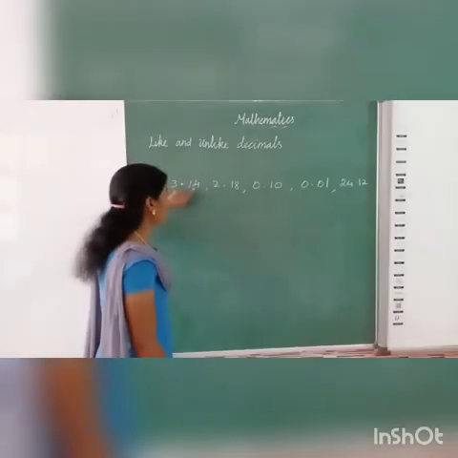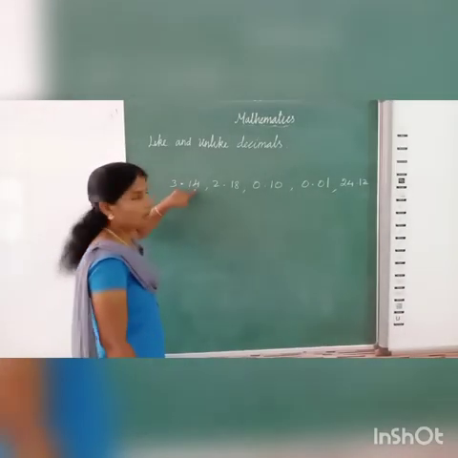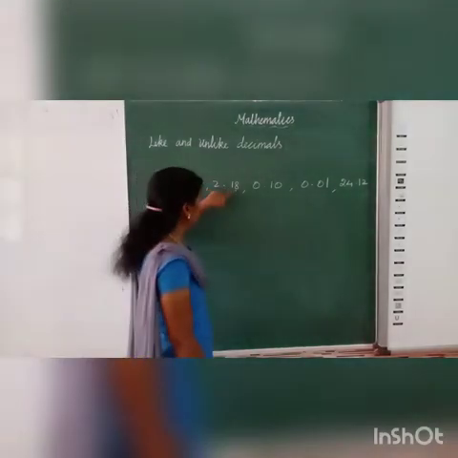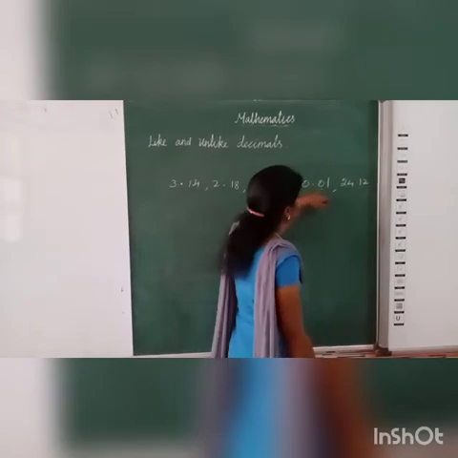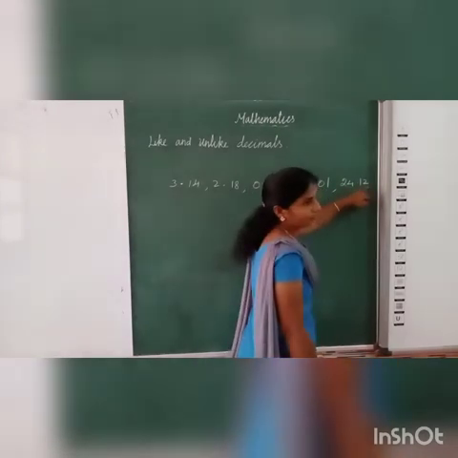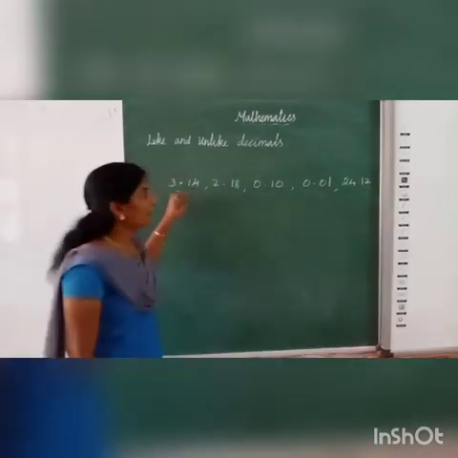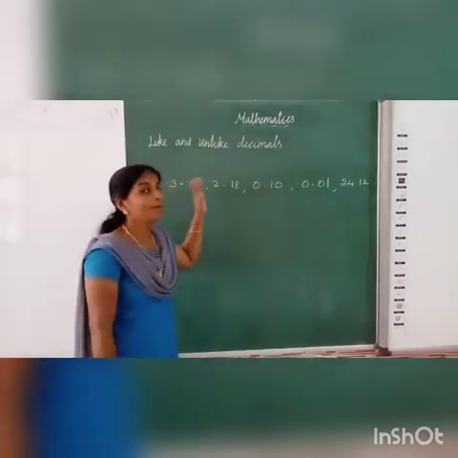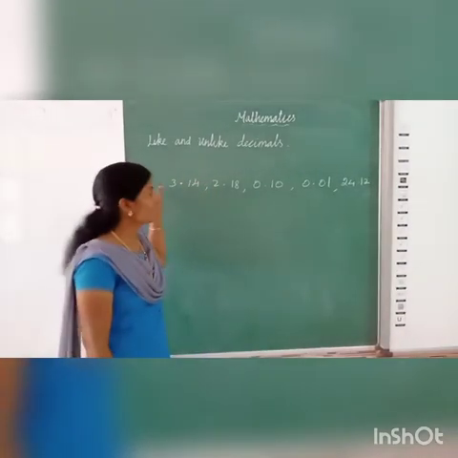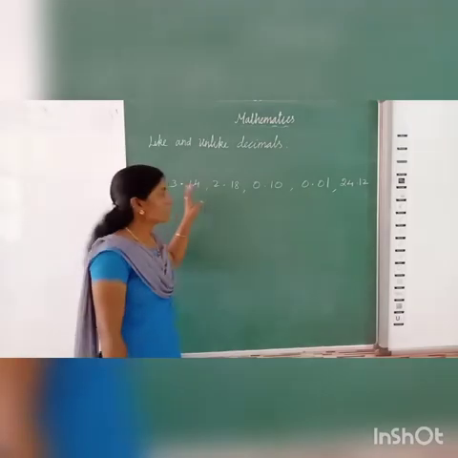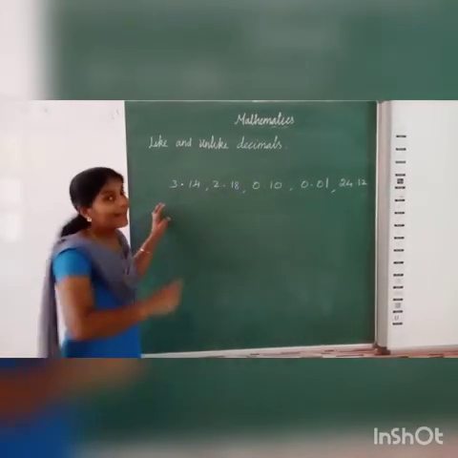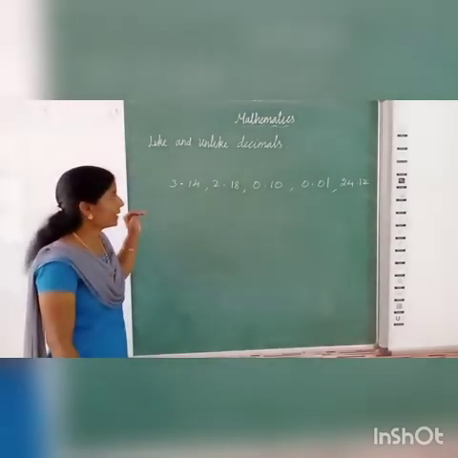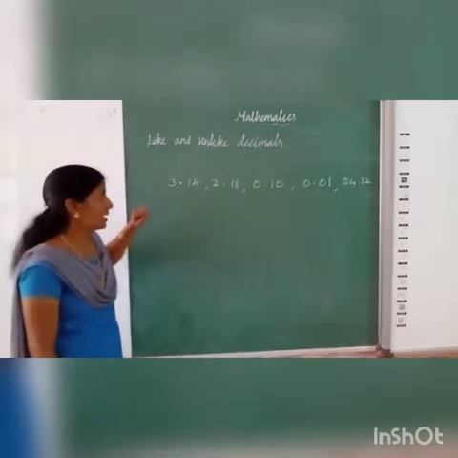After the decimal point, we have 2 digits, 1, 4. Here also 1, 0, and 1, 0, and 0, 1, and 1, 2. After the decimal points, we have the same number of digits, isn't it? So we can say these numbers are called like decimals.